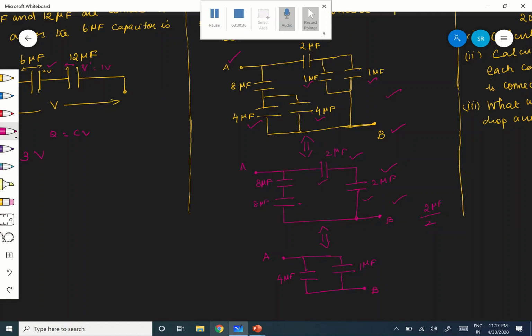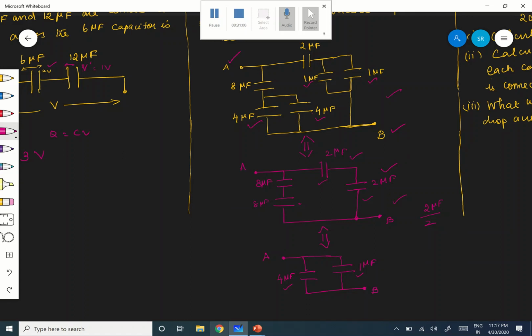See, the circuit network is highly simplified now. Therefore, now between A and B, 4 microfarad and 1 microfarad are in parallel. Okay. What is CAB therefore?